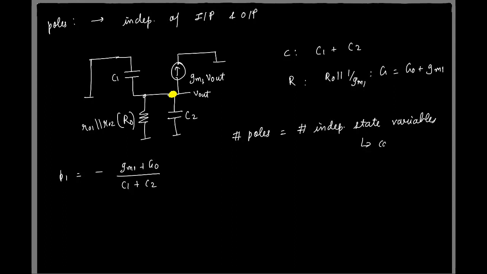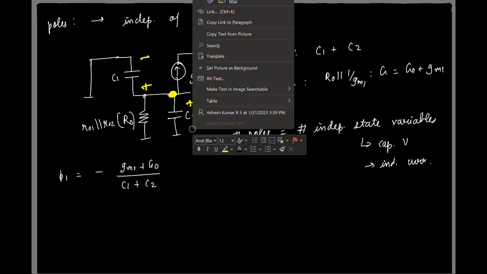It's simply capacitor voltages or inductor currents, and here we'll only deal with capacitors. So whatever is the number of independent capacitor voltages you can set in the circuit, that determines the number of poles. And here, if I set this guy's voltage, the voltage of C1 is also set, so you don't have two independent choices, you just have one.